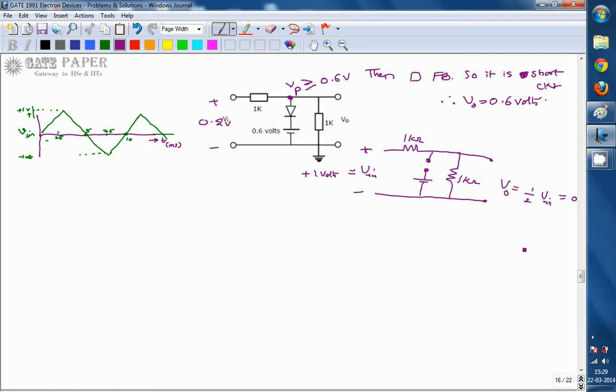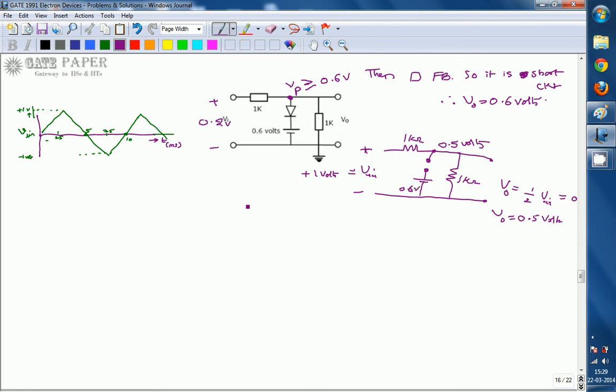So the maximum voltage you get is only 0.5 volts, whereas the diode needs 0.6 volts.